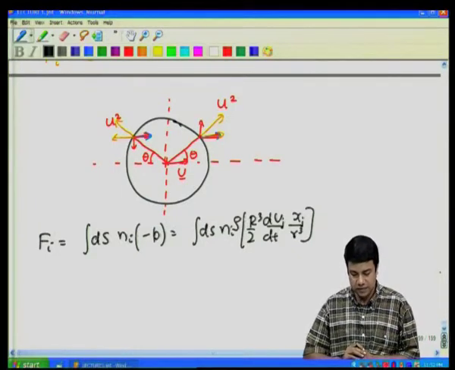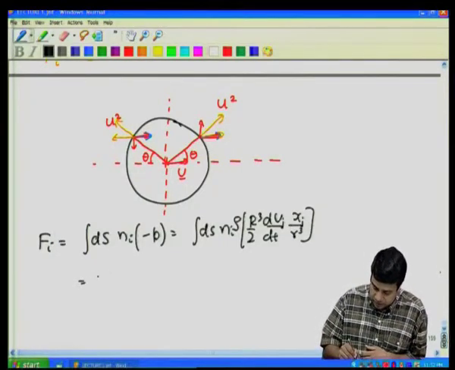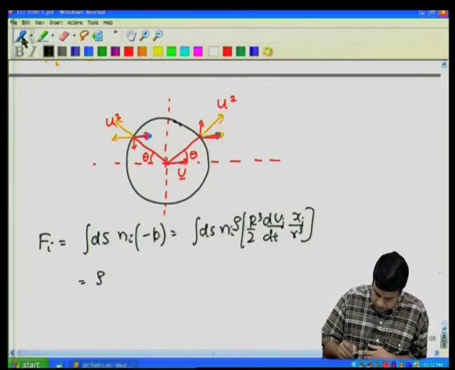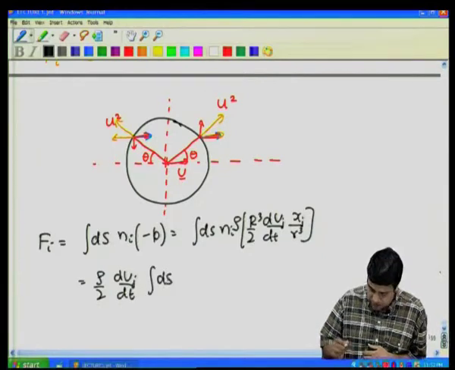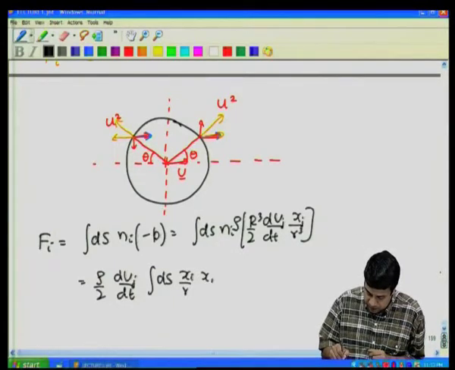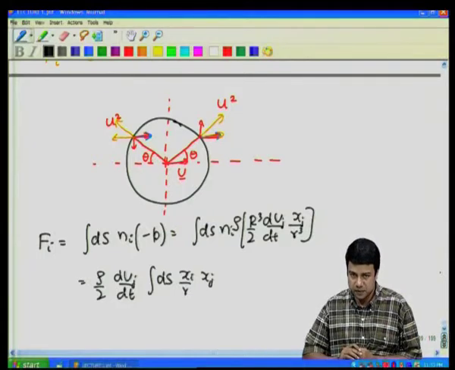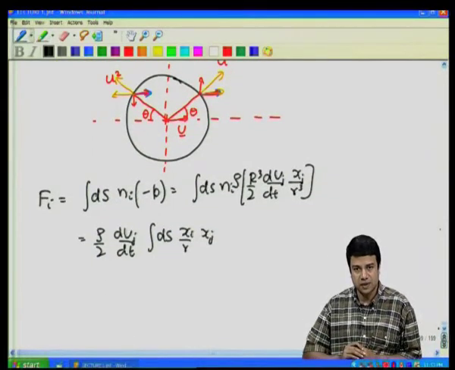This is calculated on the surface of the sphere, and therefore, this r cubed is calculated at r is equal to capital R. So, this will become integral ds rho by 2 duj by dt, integral ds. The unit normal on the surface is equal to xi by r times xj. And once again we have integral over the surface of xi xj, 4 by 3 pi r power 4 delta ij.